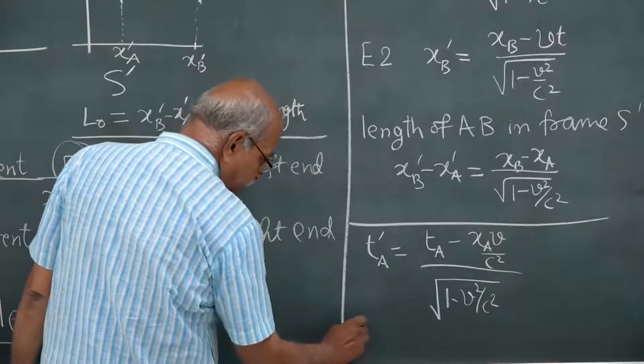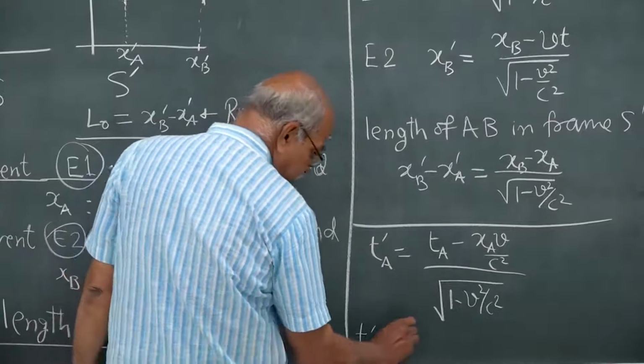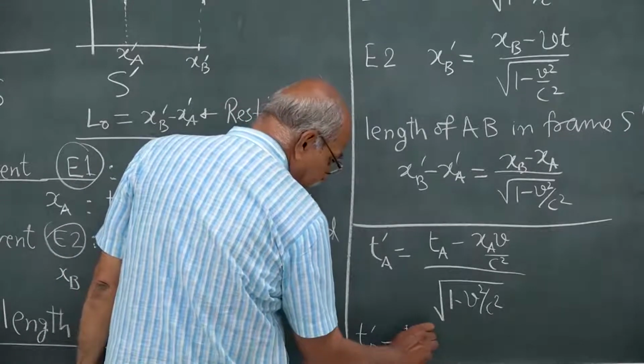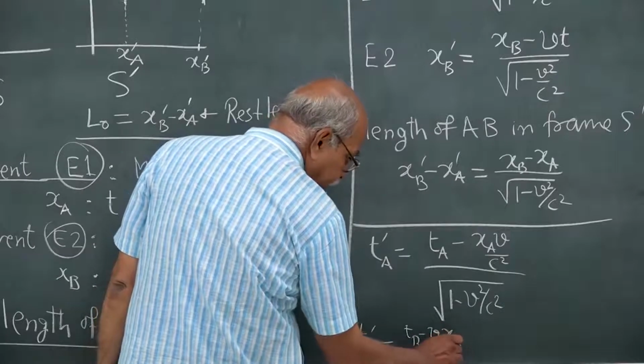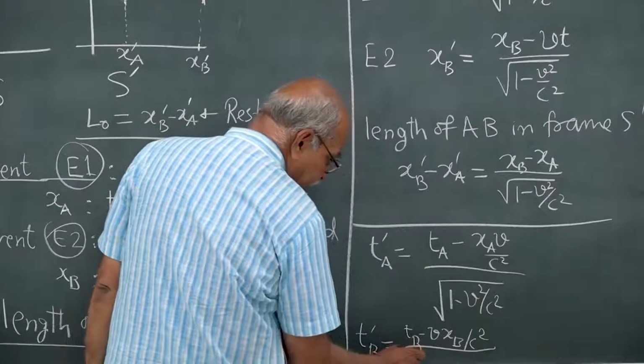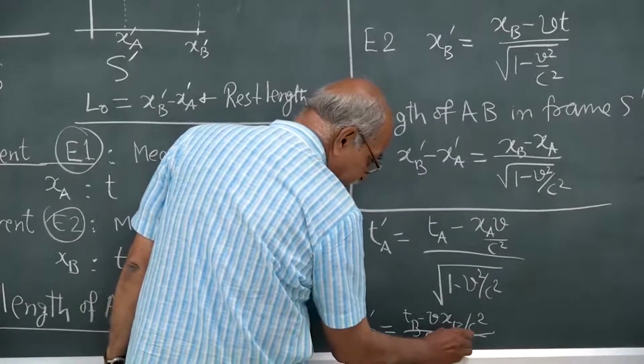And similarly, you can write for Tb prime. Tb prime will be Tb minus v xb by c square and then divided by square root 1 minus v square by c square.